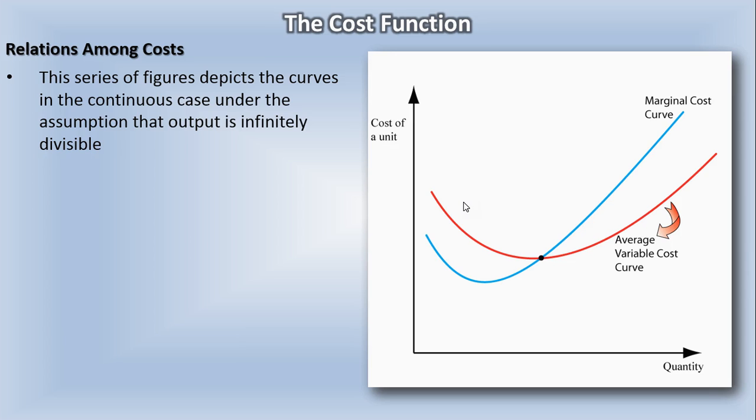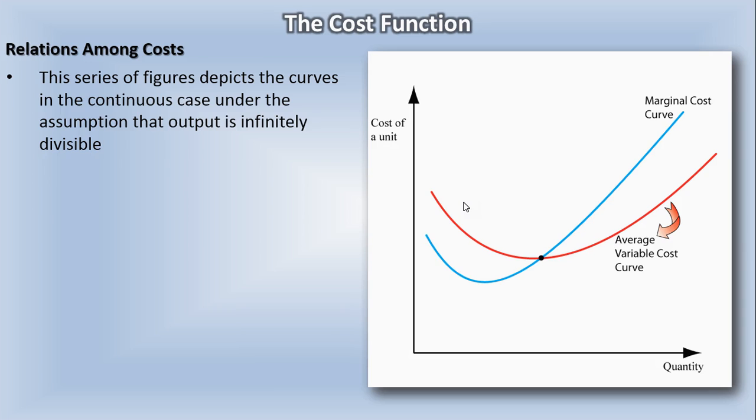So we see that it is above the marginal cost initially, but marginal costs as we initially expand the production process will be decreasing, which will be bringing down the average variable cost up until the point where they cross. And then once marginal cost, the extra cost of producing additional units, is greater than the average variable cost, it will start to bring up average variable cost.